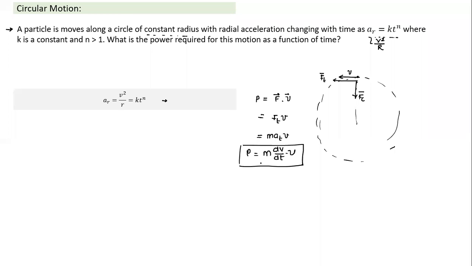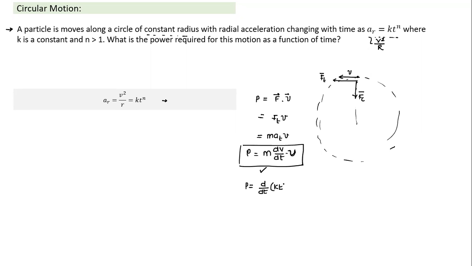I hope this part is clear. If that is what power is, I need to find the product of velocity and its derivative with time. When it's changing with time, then only is energy changing and power being supplied. That's one way to calculate power. The other way I could have calculated power: whatever power is going, it is going into the rate of change of kinetic energy.